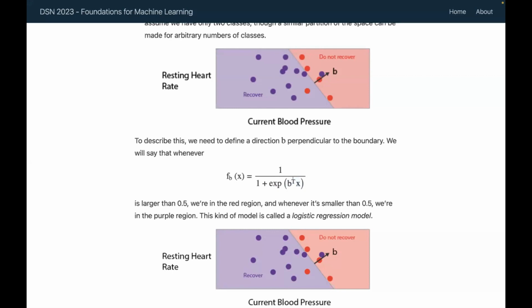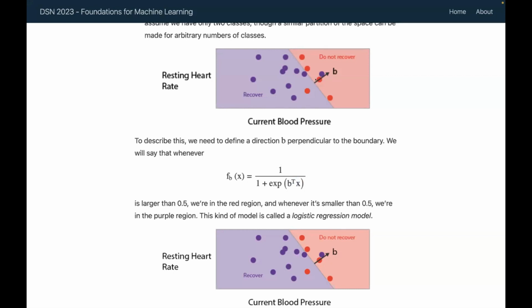And conversely, the closer this is to negative infinity, then this exponentiation goes away, and you're just left with 1 divided by 1. So by choosing your b and your x so that they're either close to infinity or negative infinity, you can get the two classes that you want.